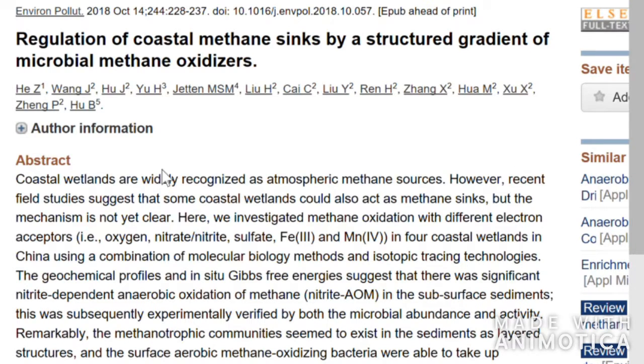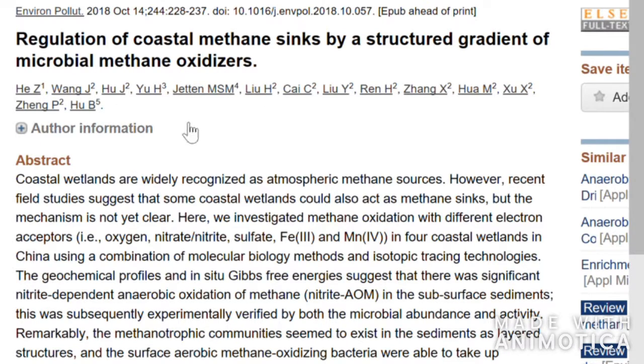there's another paper. I already read it when the video shut off, so I'm going to read it again. Regulation of coastal methane sinks by a structure gradient of microbial methane oxidizers. All you're really doing is, keep in mind, substitute the words for words we do understand. You're regulating, I guess, methane by some structure of bacteria that oxidizes the methane.